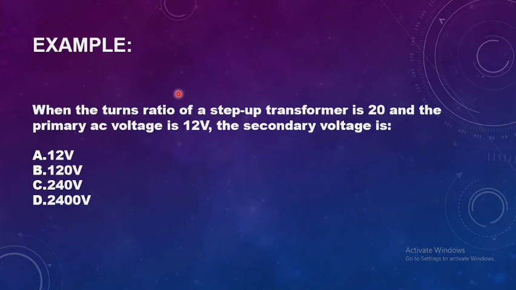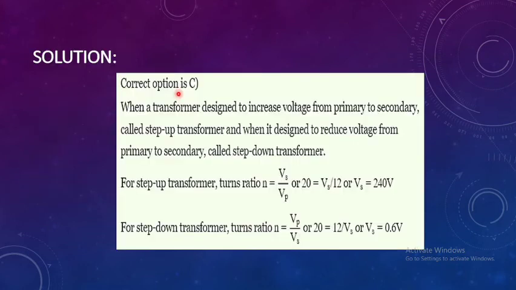When the turns ratio of a step-up transformer is 20 and the primary AC voltage is 12 volts, the secondary voltage is A, 12 volts, B, 120 volts, C, 240 volts, D, 2,400 volts. So the answer is letter C. When the transformer is designed to increase the voltage from primary to secondary, it is called a step-up transformer.